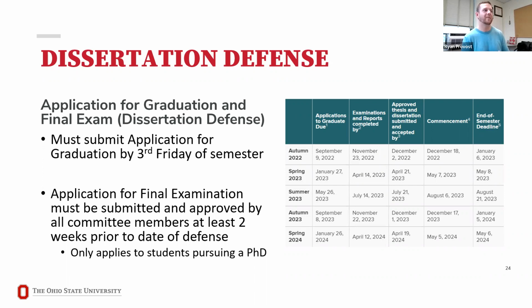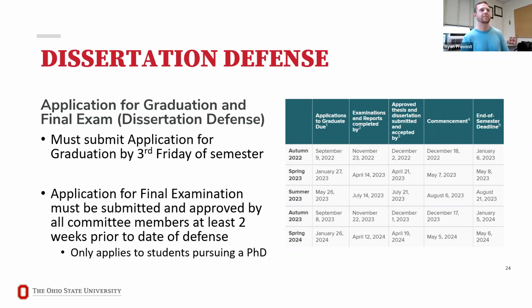And then your application for your final examination must be submitted and approved by all committee members on your committee at least 2 weeks prior to the date of your defense. And that's specific to PhD students. So you can also see on here, for instance, spring 23, we mentioned January 27th, that's the application to graduate deadline.